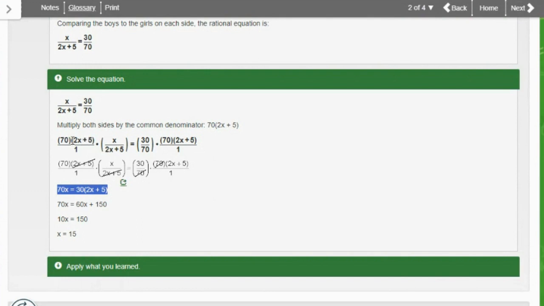But the 2X plus 5s cancel out. 70 times 2X, and the 70s cancel out. So they basically cross multiplied. It's the same thing as multiplying both sides by the denominator. 70X equals 60X plus 50. 10X, X equals 15.